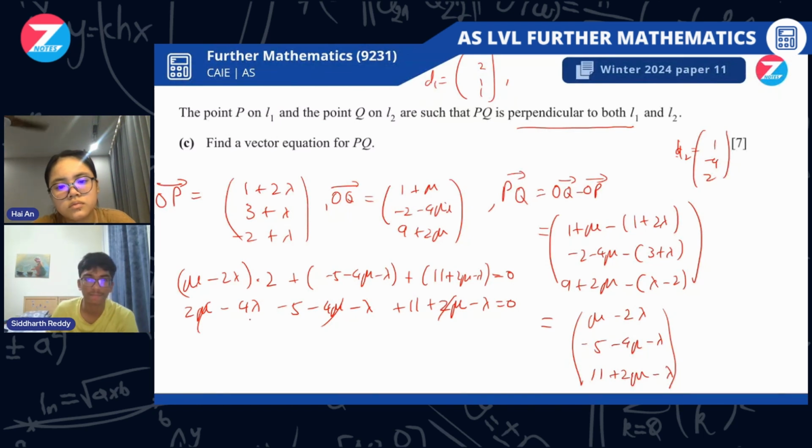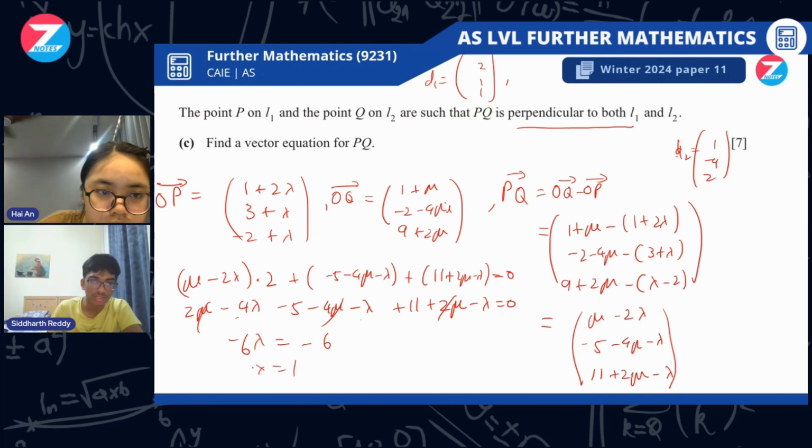Minus 4 lambda minus lambda minus lambda, so it's minus 6 lambda is equal to 5 minus 11, which is minus 6. So lambda is equal to 1. Let's note this down here: lambda is equal to 1.